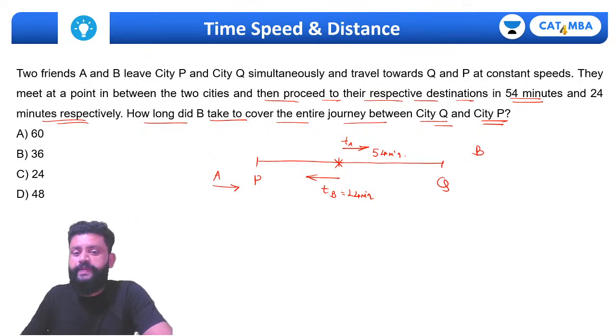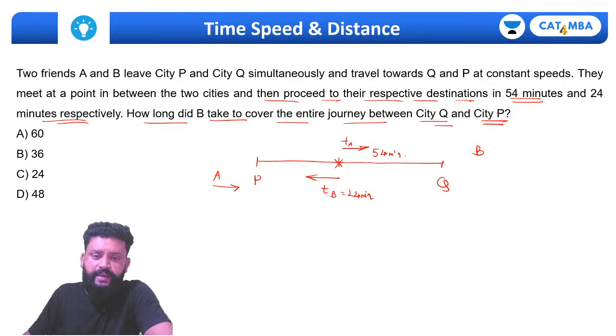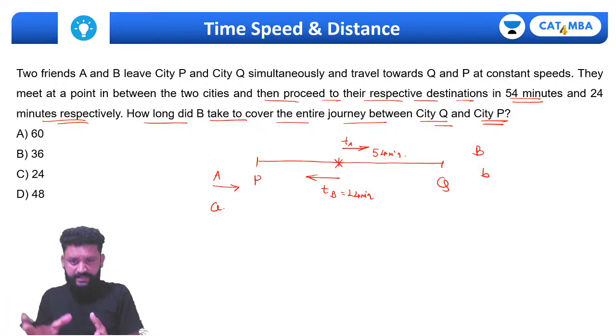Right, so we don't know the speed of A and B. So let's say A is traveling at the speed of A and B is traveling at the speed of B, and they started at the same time.